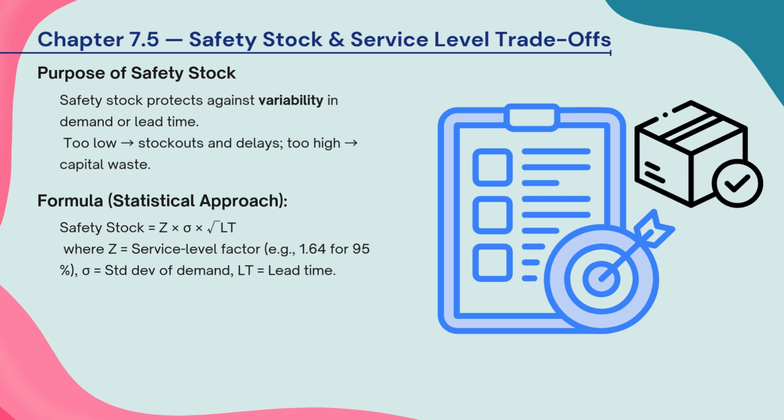The formula for calculating safety stock using the statistical approach is safety stock equals Z times sigma times the square root of LT, where Z is the service level factor, for example 1.64 for a 95% service level, sigma is the standard deviation of demand, and LT is the lead time. Safety stock ensures that you maintain adequate inventory to meet customer demand even when there are unexpected fluctuations, balancing the risks of stockouts with the costs of holding excess stock.